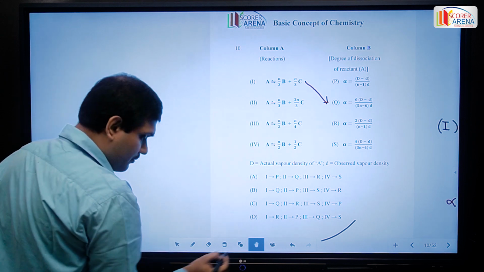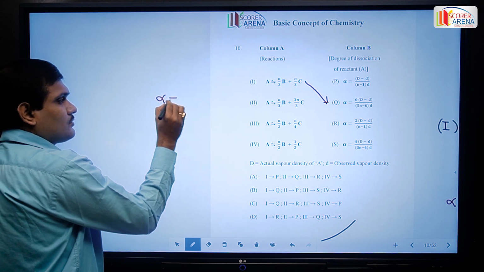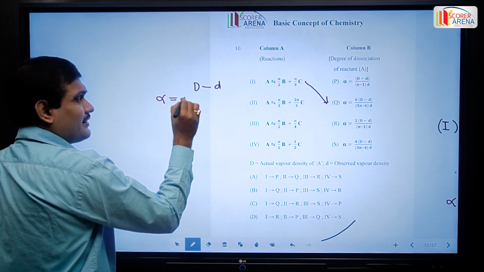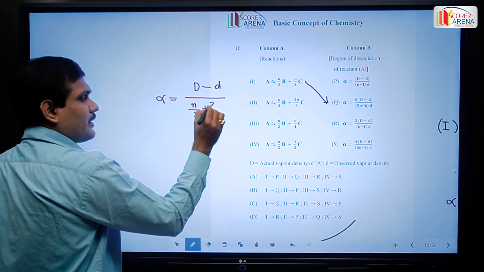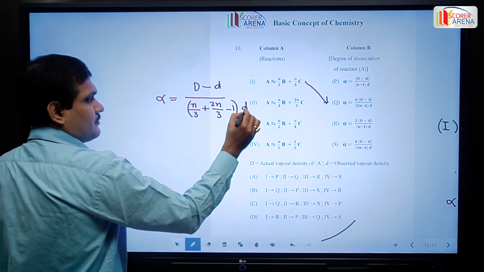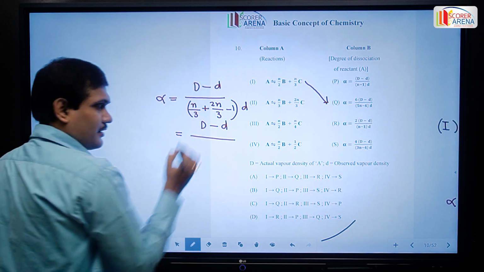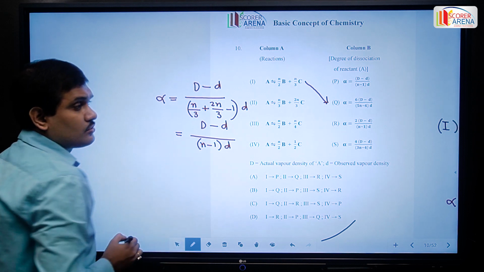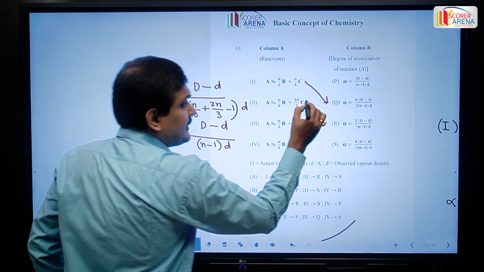Alpha is equal to D minus small d divided by (n by 3 plus 2n by 3 minus 1) into small d. Simplify it, you will get D minus d divided by (n minus 1) into d. So in column A, 2 deals with P.